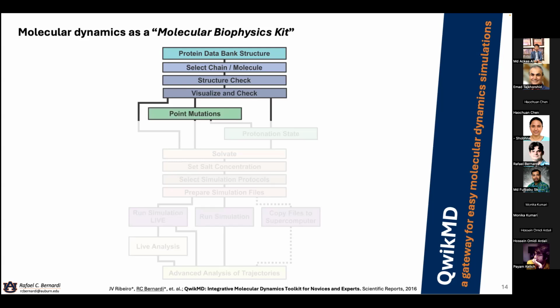Then you can come up with mutations, because first, you might want to do a mutation. Second, there might be mutations in the crystal structure you're using that were made to make it easier to crystallize. If you're crystallizing an enzyme, typically you have a mutation to stop the enzyme working, so you want to reverse that mutation back. Also, you want something that allows you to change the protonation state.